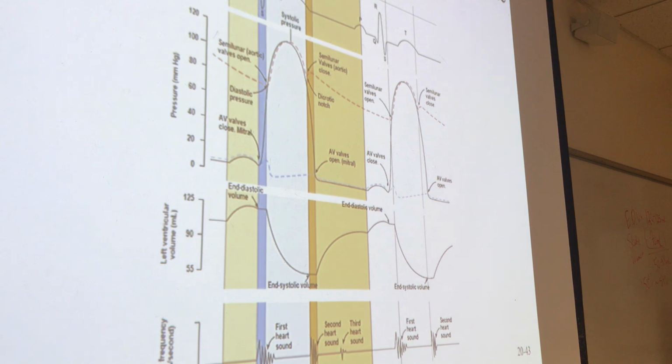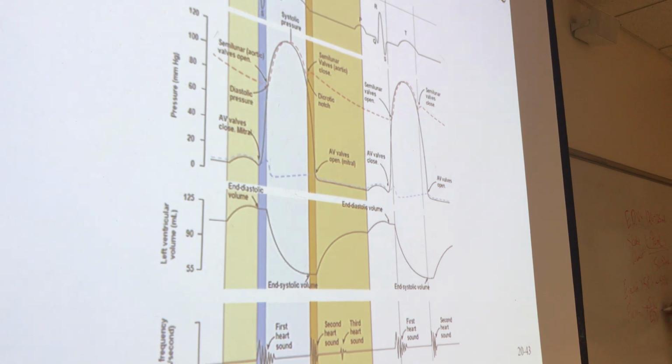So as you work out, what we call our ejection fraction starts getting higher, all right? Now, ejection fraction is how much you ejected, stroke volume, divided by how much you started with, end diastolic volume.